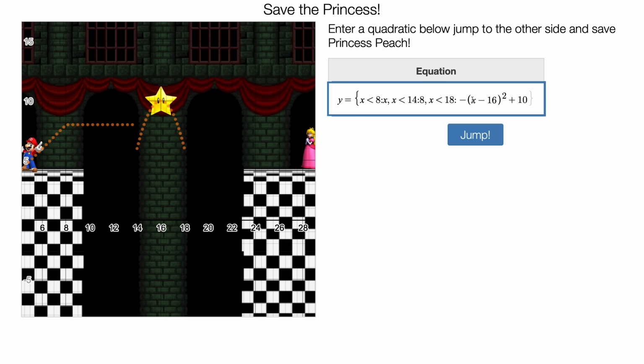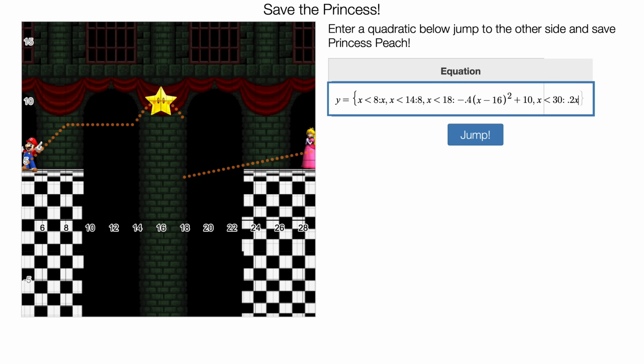Okay, now let's fatten this parabola out by making that coefficient smaller. If I do like 0.3, that's pretty good. 0.2, nah, 0.4, that looks really nice. Okay, great. And then finally, for x less than 30, I want to go down, so I'm going to have it equal 0.2x.